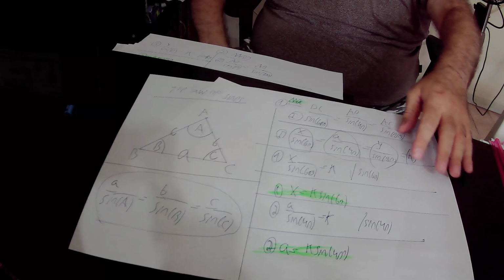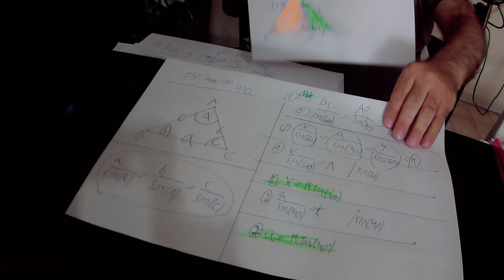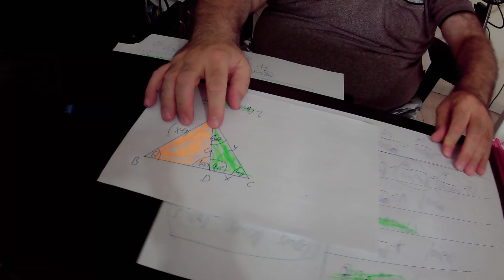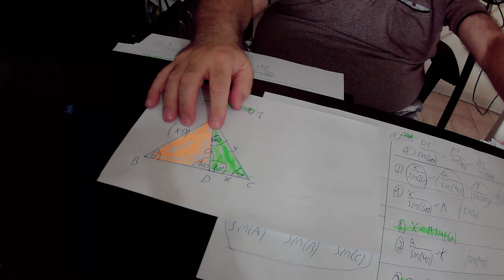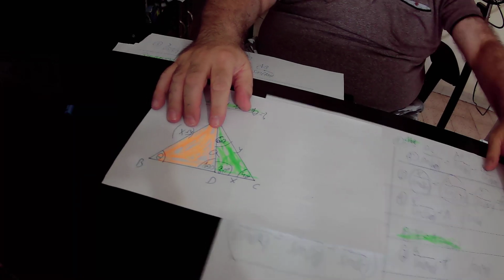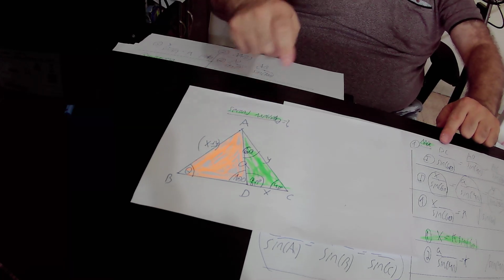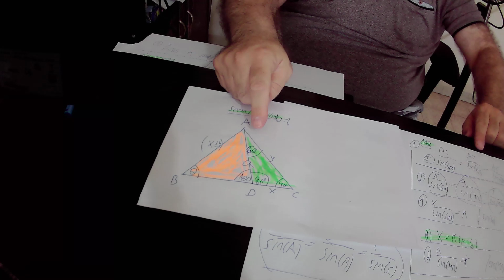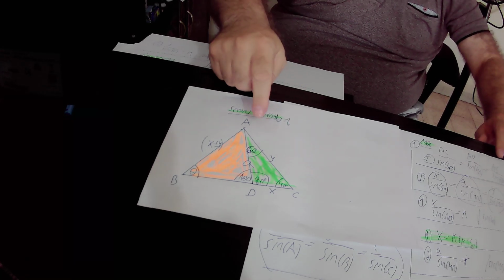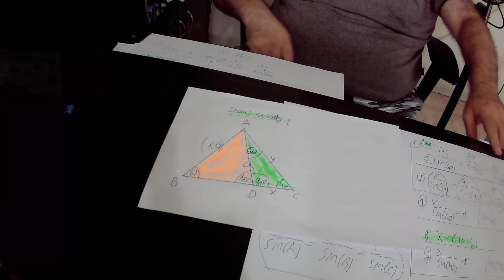Then we implemented the law of sines in the green triangle, triangle ADC. According to the law of sines, DC over sine 60 degrees equals AD over sine 40 degrees equals AC over sine 80 degrees.